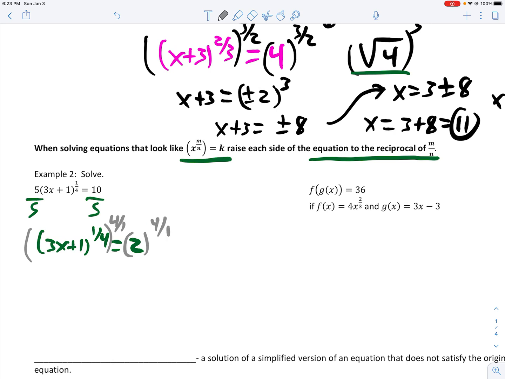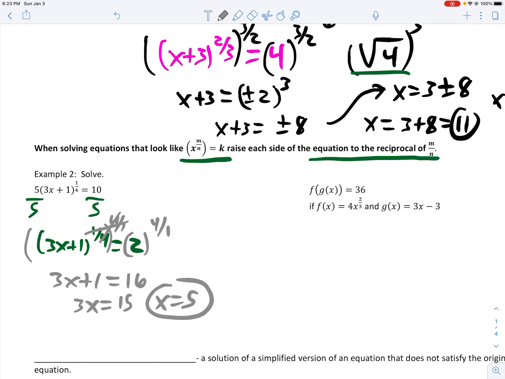Raise it to the reciprocal. So this just reduces, and you get 3x plus 1 equals 2 to the 4th. Well, 2 to the 4th is 16. So subtract 1, divide by 3, so you get x equals 5.